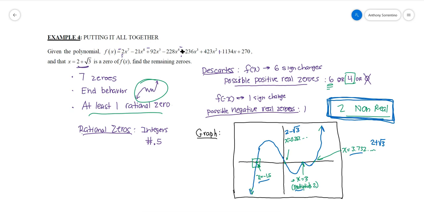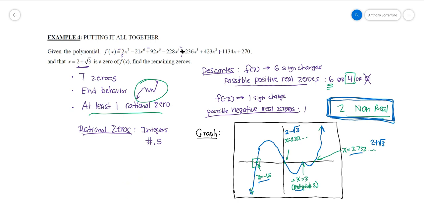So I know what all of my real zeros are at this point based on the information I was given in the problem and the graphing and the analysis I did. What I have to do now is figure out what those 2 non-real zeros are. And that's where most of the rest of the work's going to be, just to find those 2 other zeros.